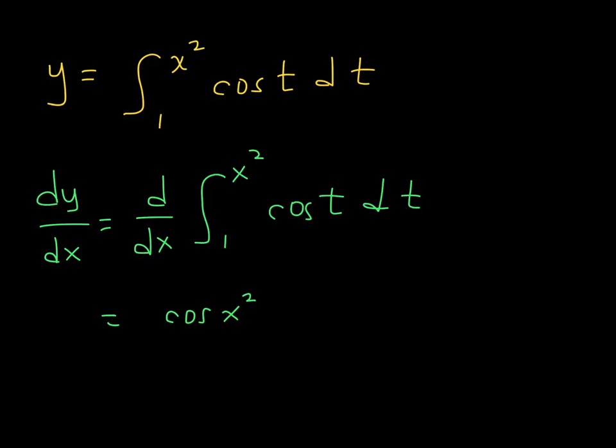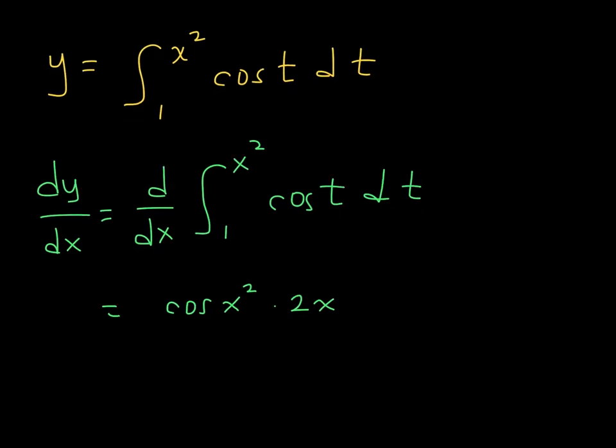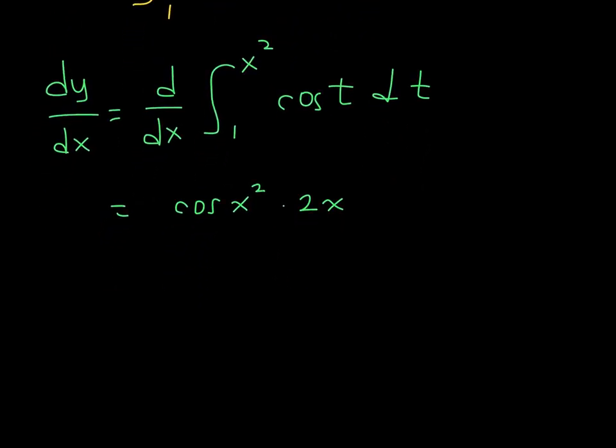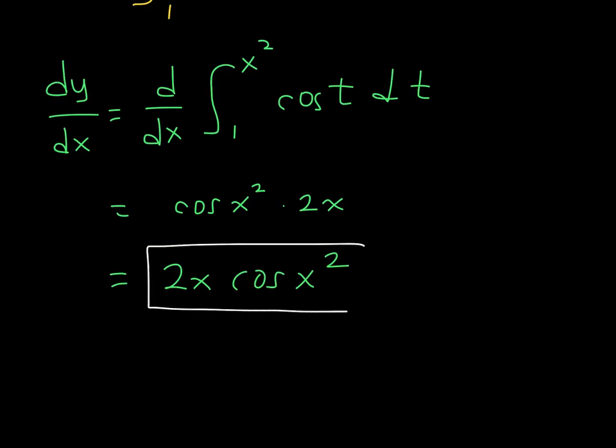And the inner function is x squared. And so then this is times 2x. We should write it with the 2x in front. So 2x times cosine of x squared. So this is like a good little review of the chain rule. Okay, so very good, everybody.